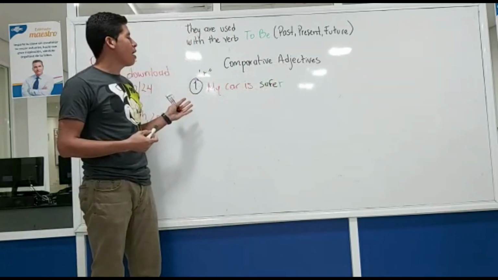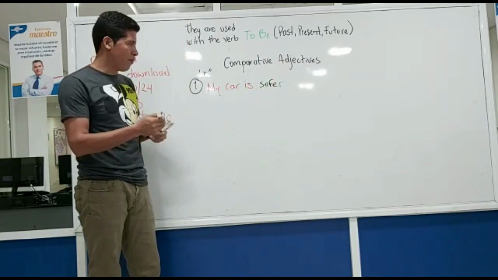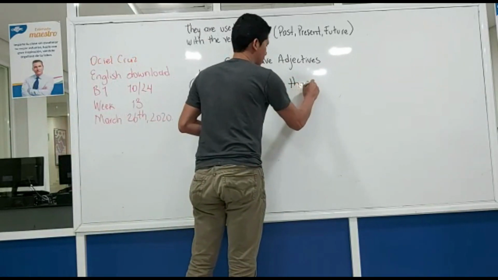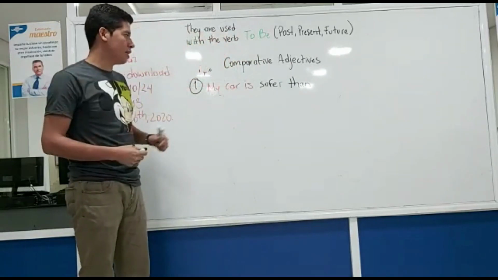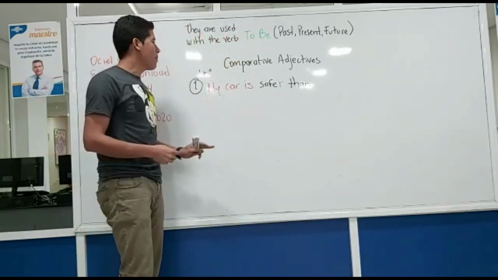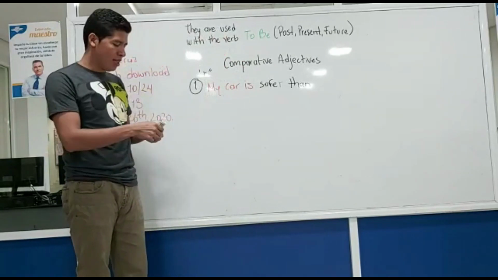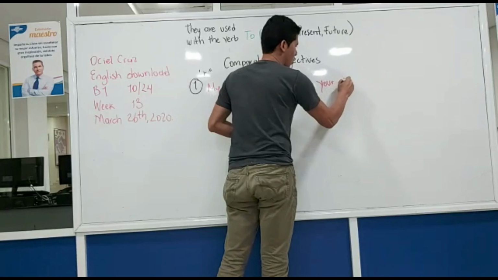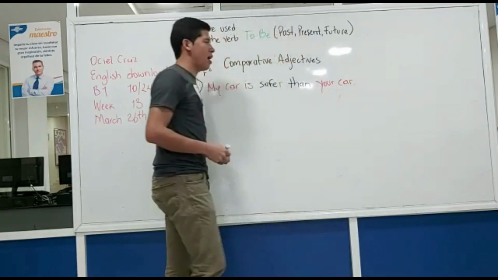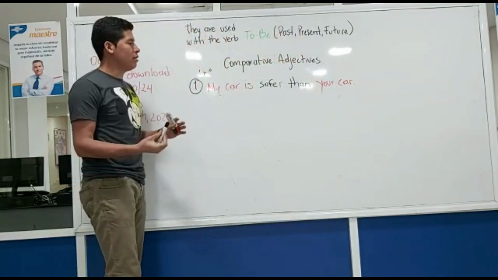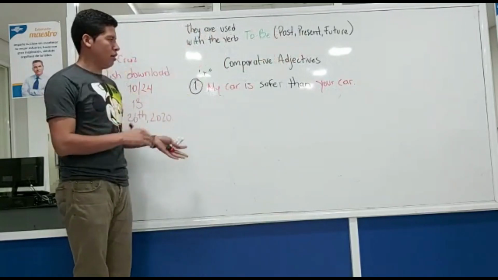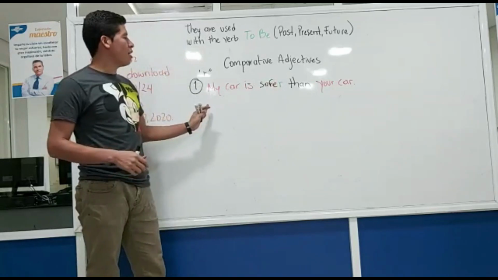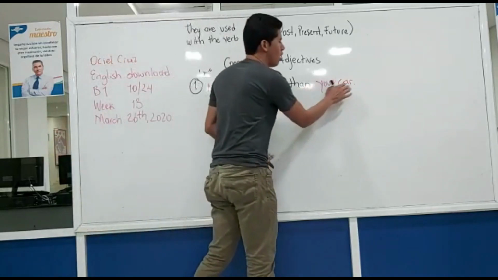My car is safer, and I am always going to use that by comparing two things. My car is safer than your car. This is an example. I am comparing, and safer is the adjective. My car is safer than your car.